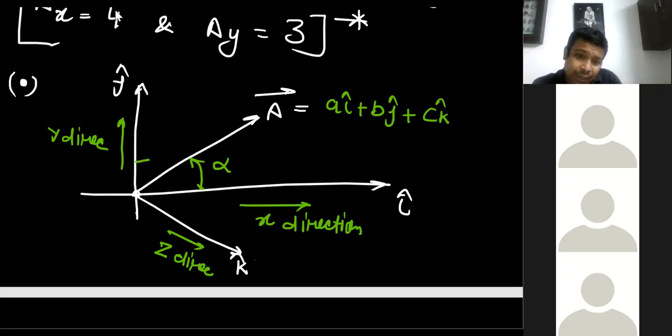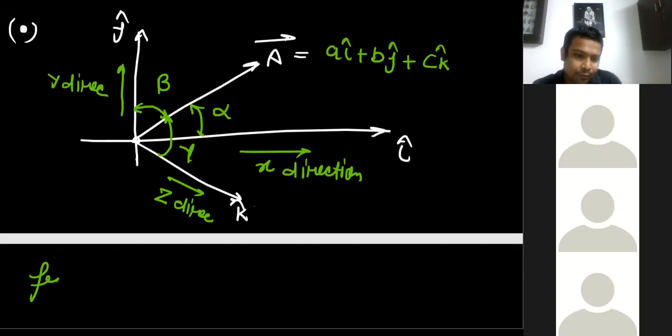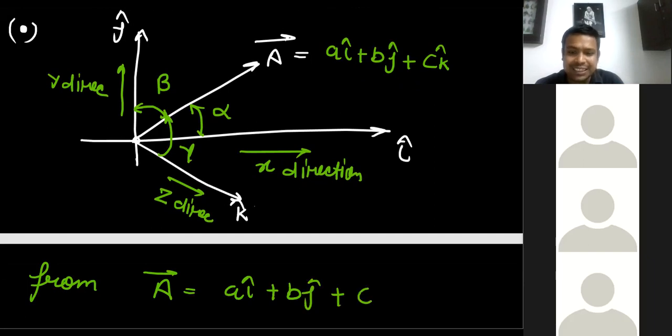What is the angle made by vector A from J cap, from Y axis? This is beta, and the angle vector A makes from K cap is gamma. So if you want to determine the value of alpha, beta, gamma, then please remember, from vector A equal to A I cap plus B J cap plus C K cap.